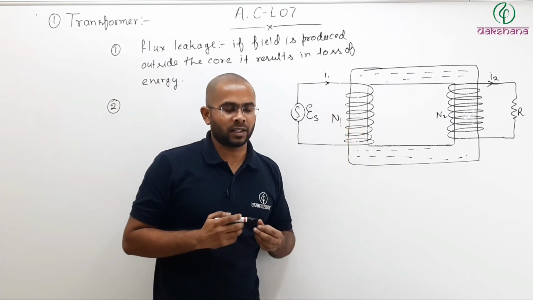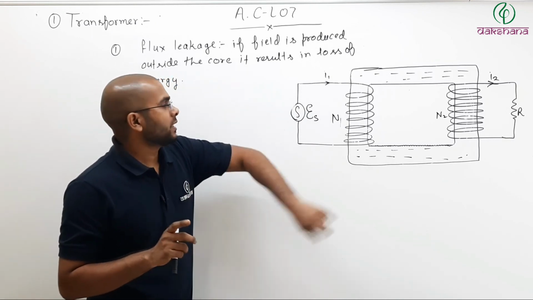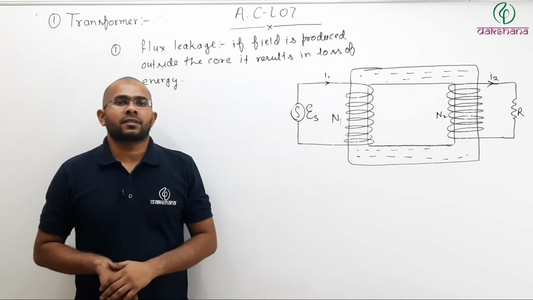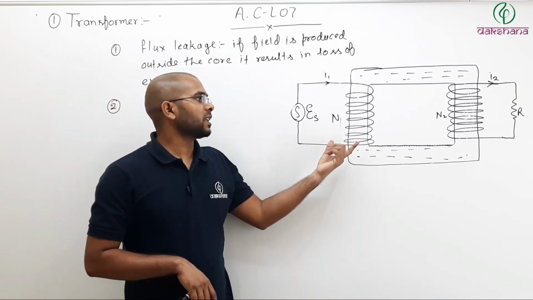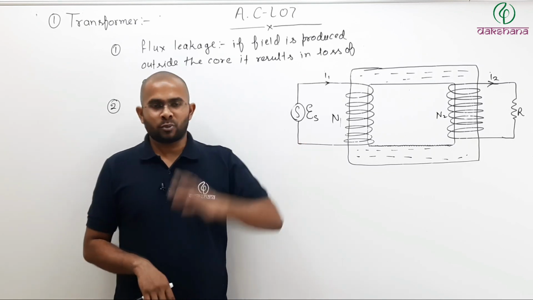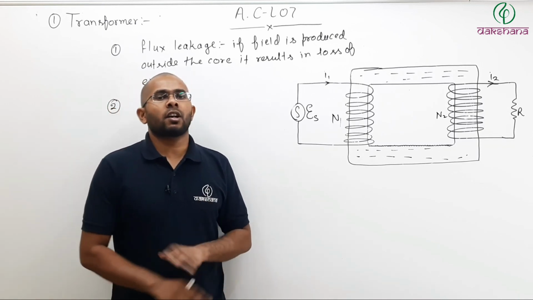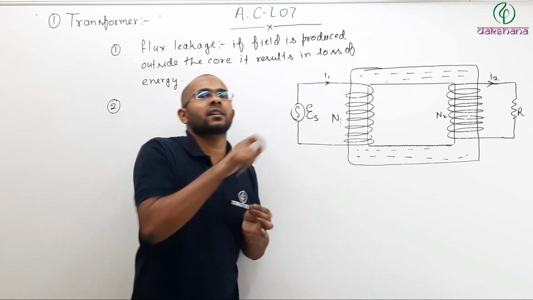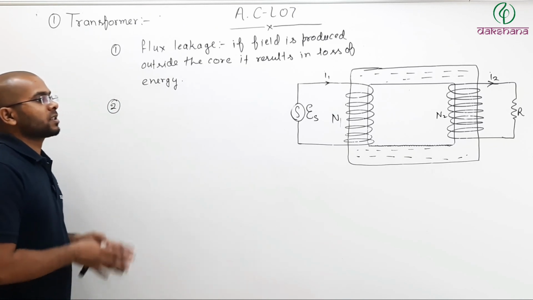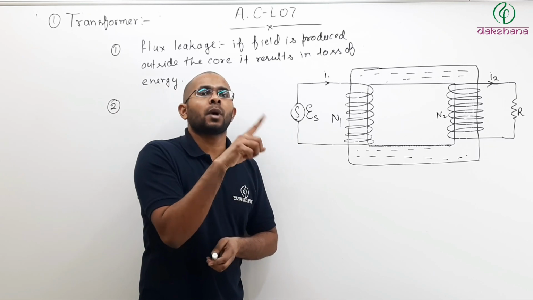This is an ideal we have already studied. Now the second way is that we have assumed, if you remember, that neither the primary winding nor the secondary winding has any resistance. So there is no resistance in either primary or secondary. But is that possible, a wire without resistance? Superconductors are there, but in normal day-to-day life transformers, it is not possible. We use copper wire to minimize the resistance, but some resistance is still there, meaning there may be some resistance of the winding. And if there is a resistance, there will be energy loss in the form of heat.